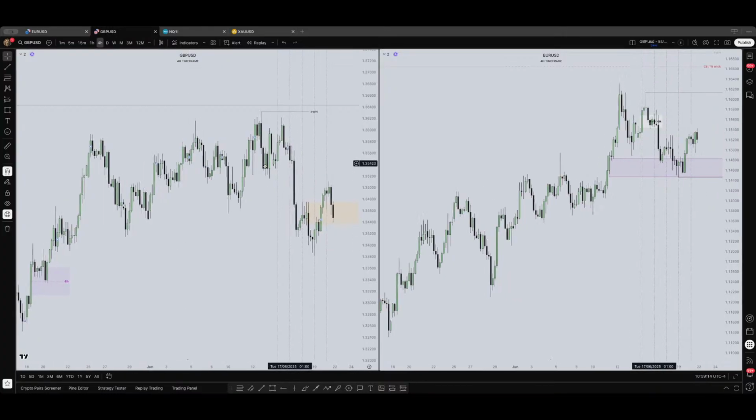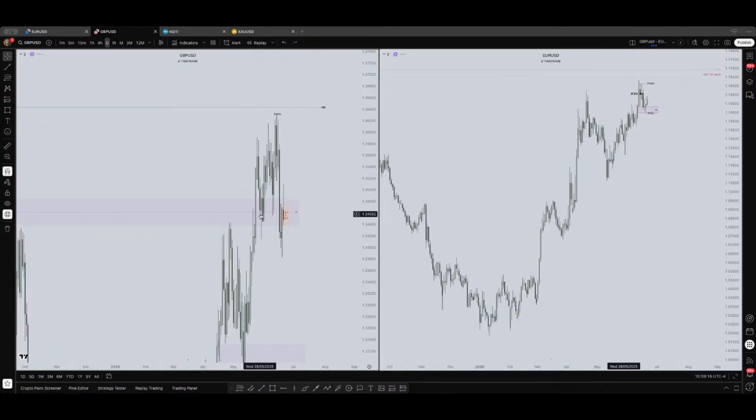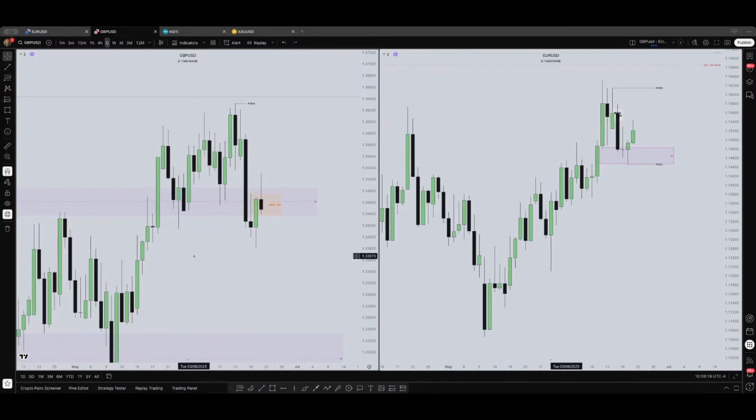We have a breaker. So I'm checking these divergences, but it was last week.